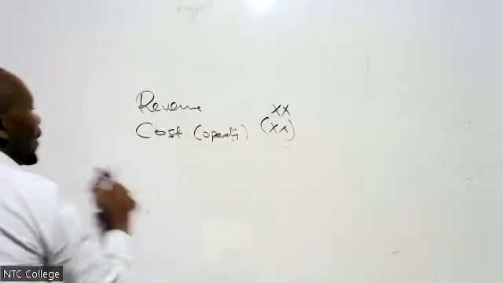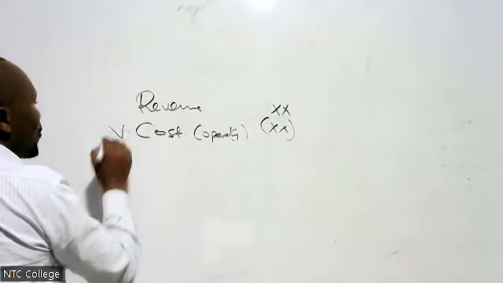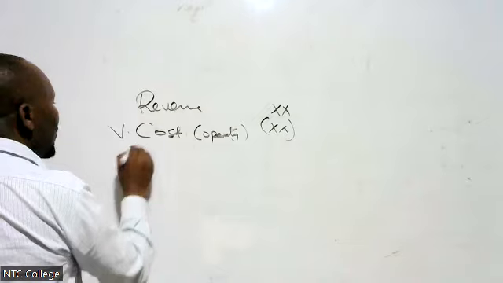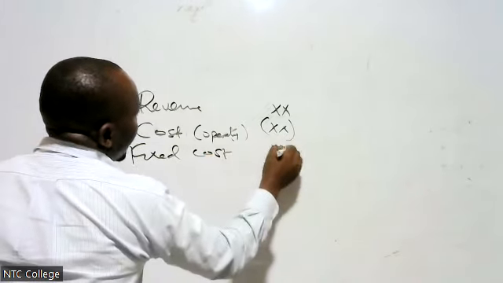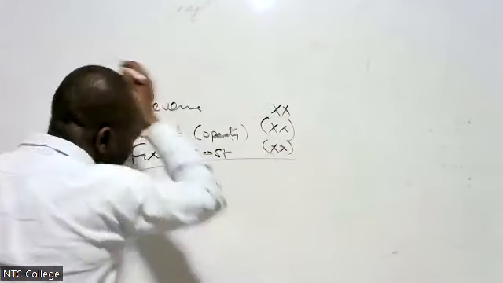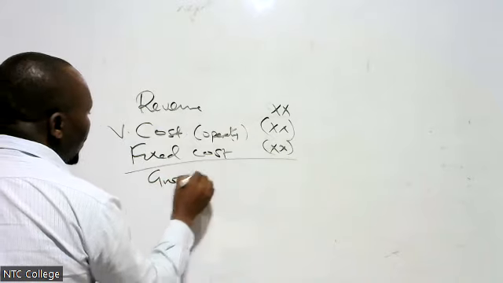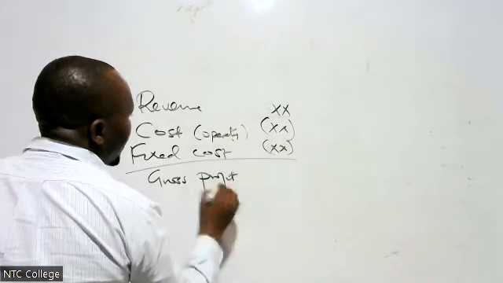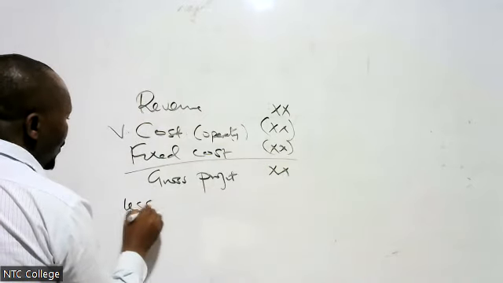So we have the variable cost. This one is variable cost. And then we have the fixed cost. Then now we have our total gross profit. Then we minus depreciation.